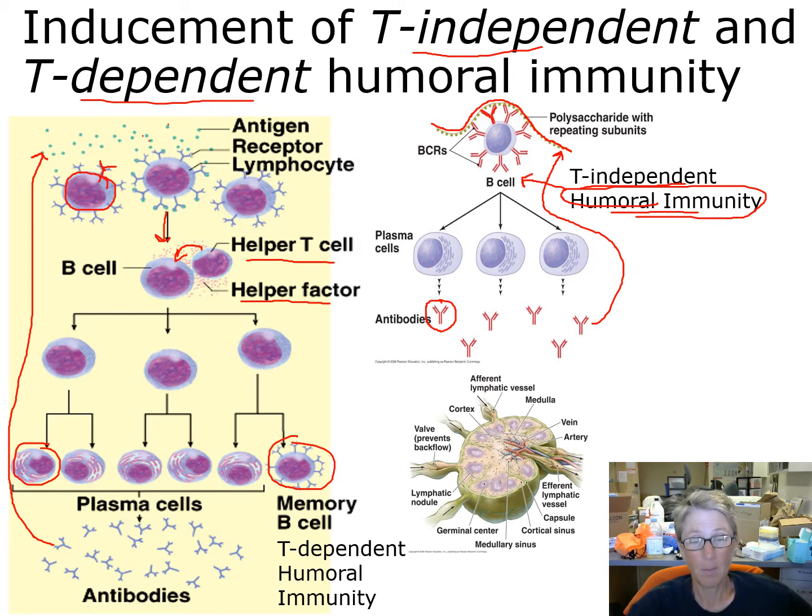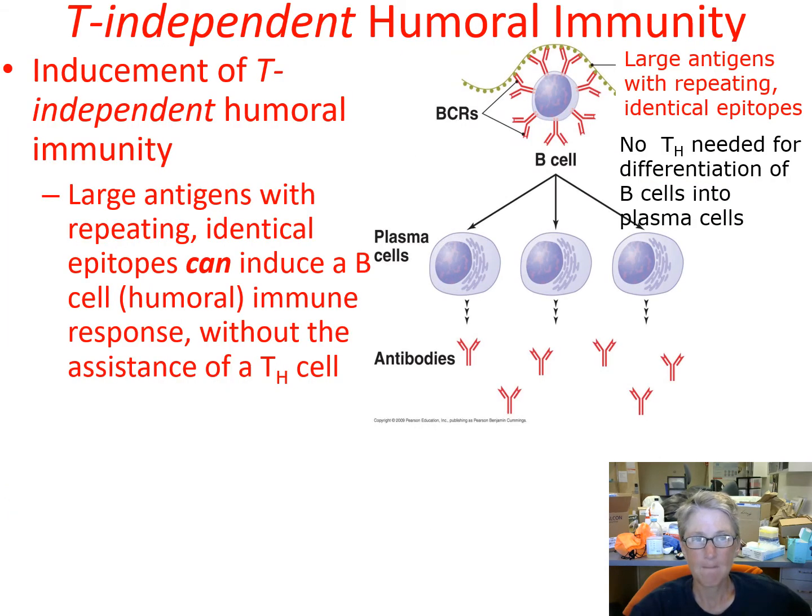And all this is happening in a lymph node, specifically the germinal center, where B cells and T cells are becoming fully activated.